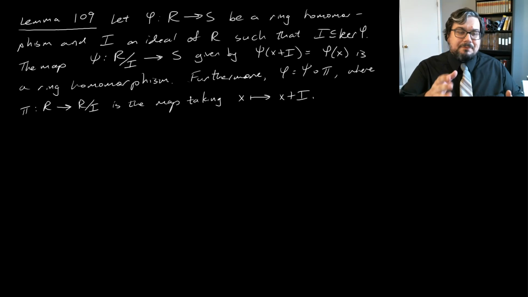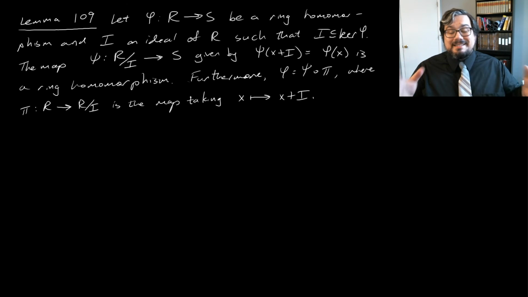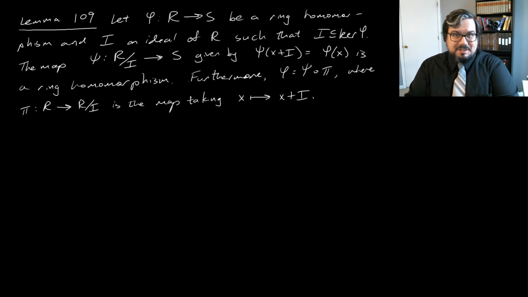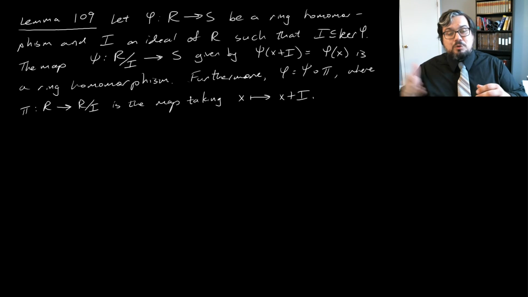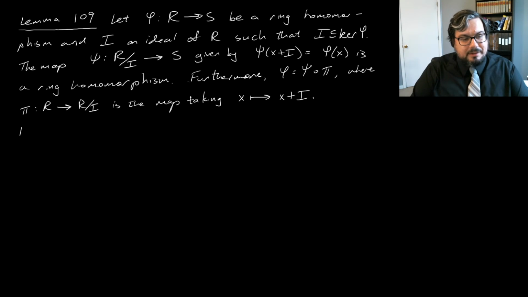The homomorphism phi was already treating all the elements of I as zero, because it was sending them all to zero. And so we lose no information as far as the homomorphism phi is concerned by moving to the factor ring and quotienting out by I, because phi was sending all of those elements to zero to begin with. So that's sort of the intuition behind what's going on here.